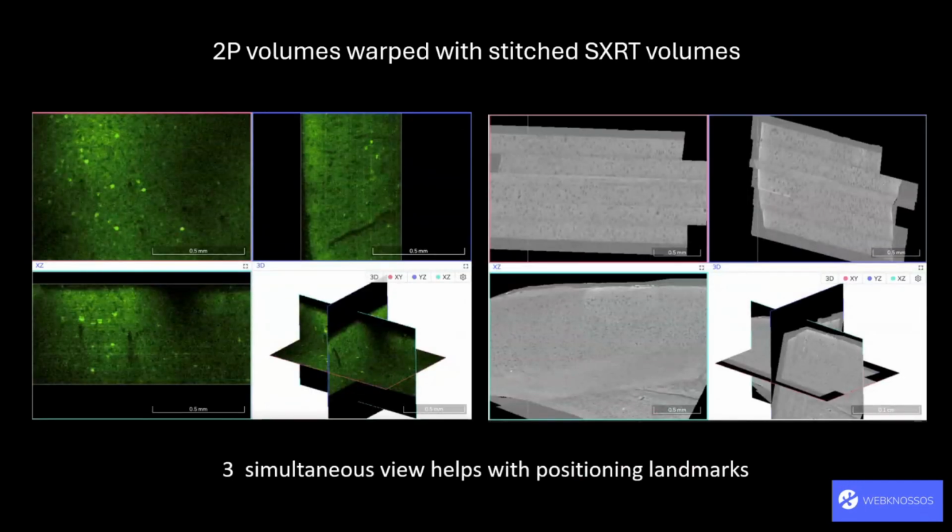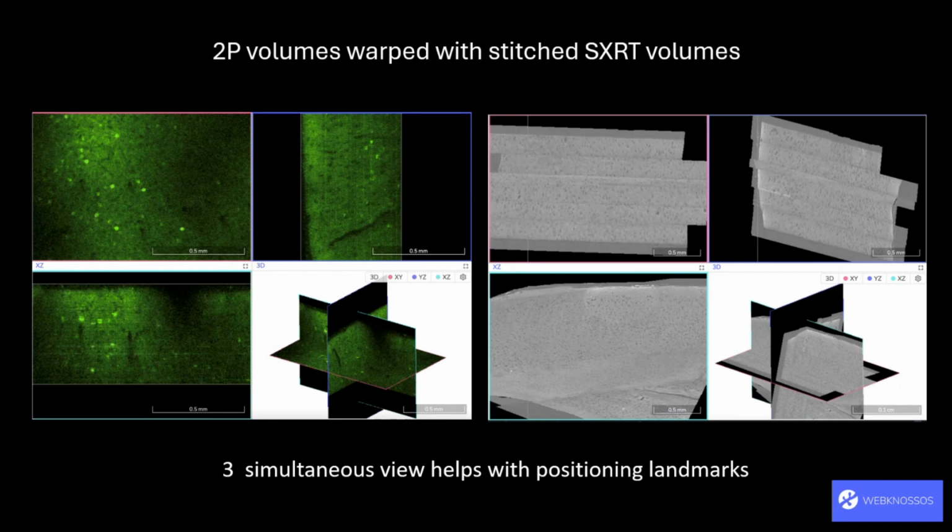The next step would be to warp the stitched X-ray volume with the two-photon volume that we collected during the in vivo experiment. And for this, again, we had to provide landmarks. This is now a bit more difficult because the landmarks cannot just stay on top of the sections.